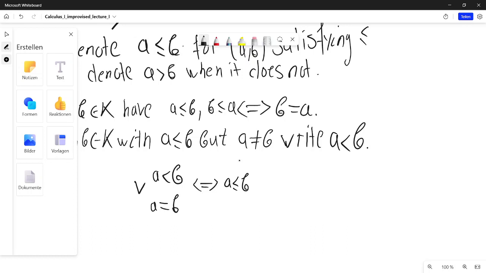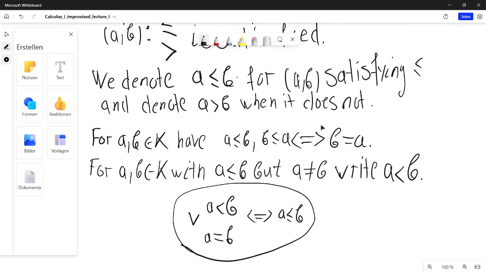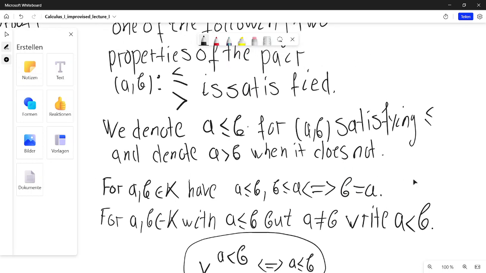Now A smaller or equal B, invoke this, and then OR is already done. And that's it. So smaller or equal is already smaller or equal, even though we have defined it in a weird way. But pay attention to how we constructed it. The definitions go in the way that it actually popped out.